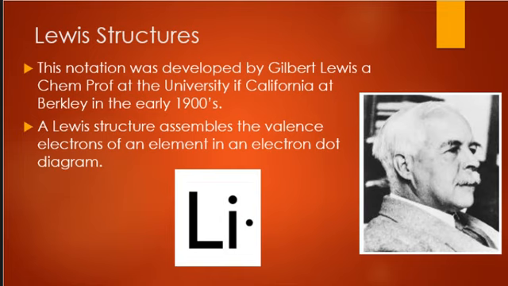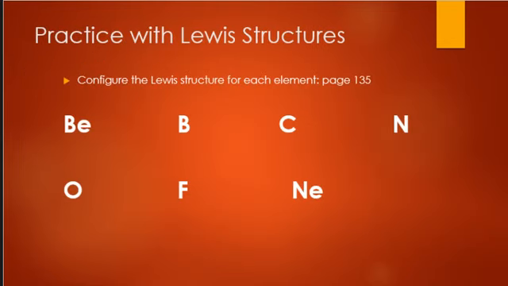We're going to try a few right here, which is why you need your chart. So let's see. Find beryllium on your chart. What group is it in? 2. Okay, so how many dots does it have? Beryllium, Be, has 2.